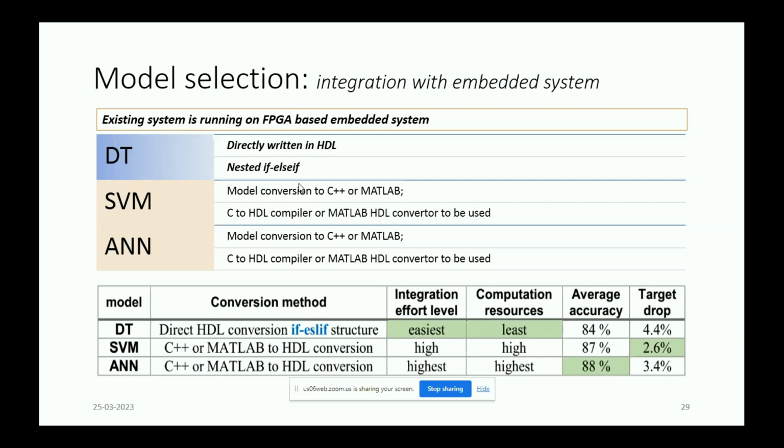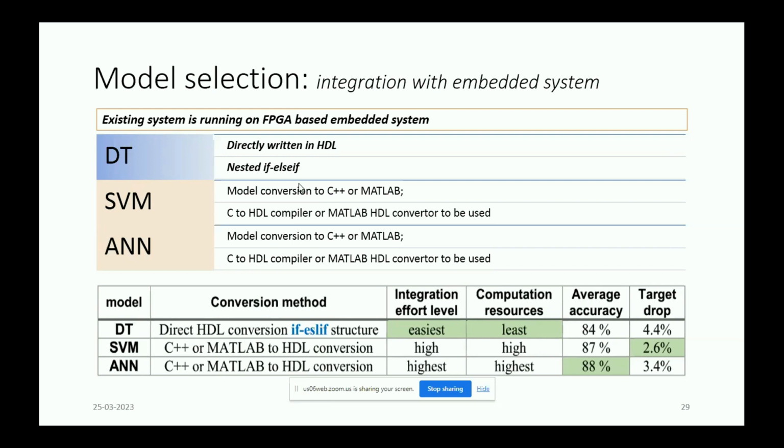That means the best option to integrate with our existing system is the decision tree, because it can be written directly in HDL itself, whereas for the support vector machine or the ANN, you need model conversion to C++ or MATLAB, so C to HDL, or you write the model in MATLAB and again convert it into HDL. So those sorts of things are required.